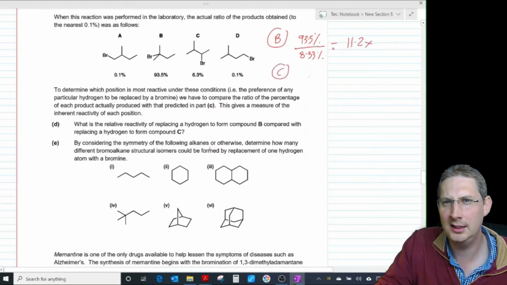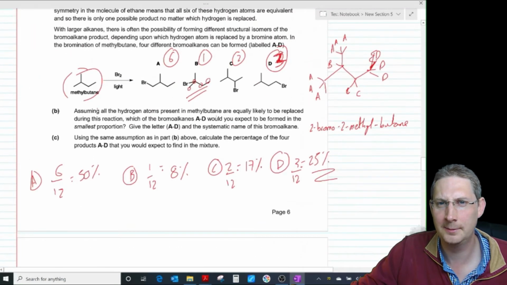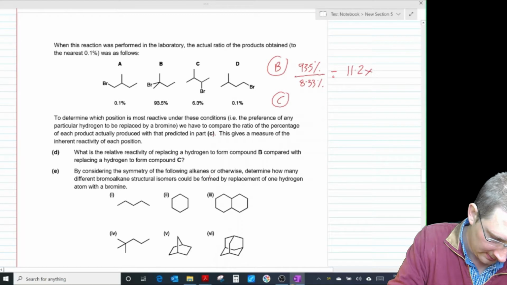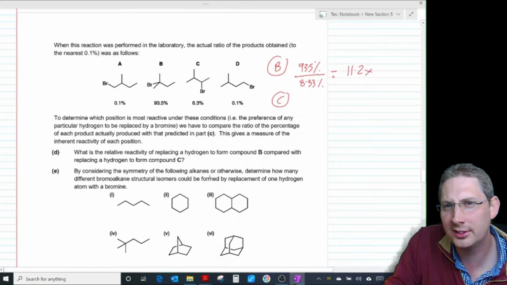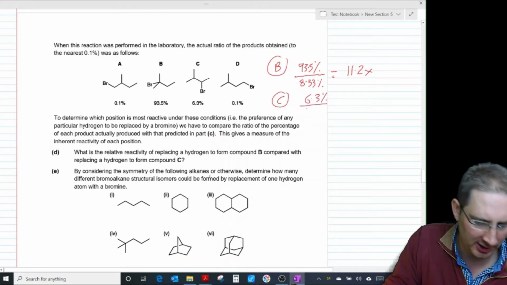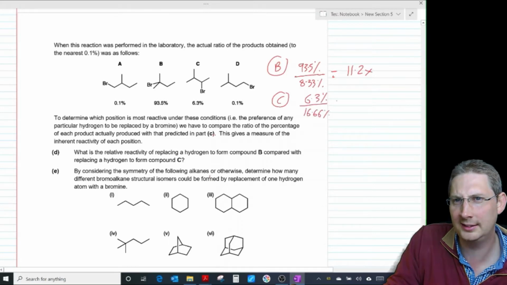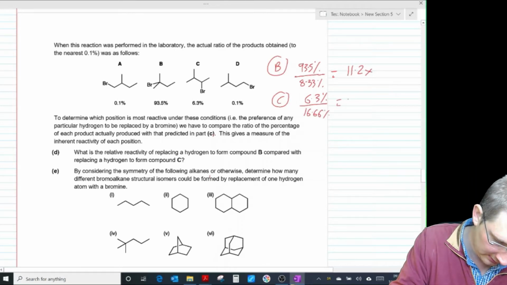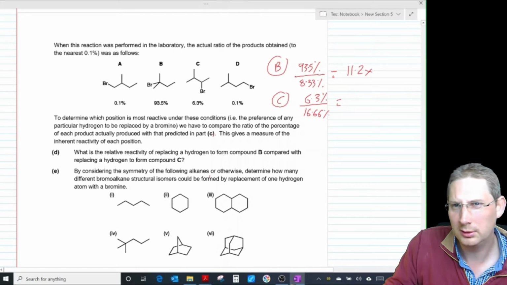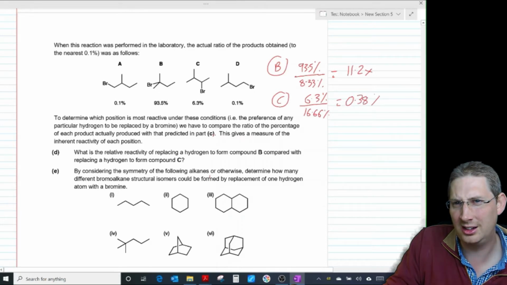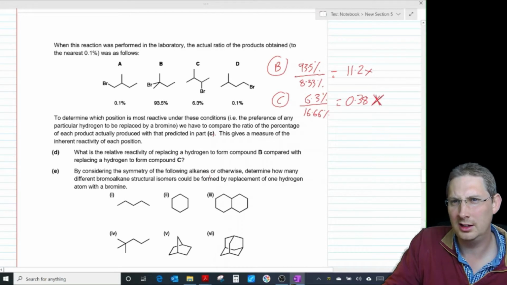Whereas for C, we expected 17%, or 16.66, and we actually got 6.3%. 6.3 divided by 16.66% equals 0.38 times as likely.